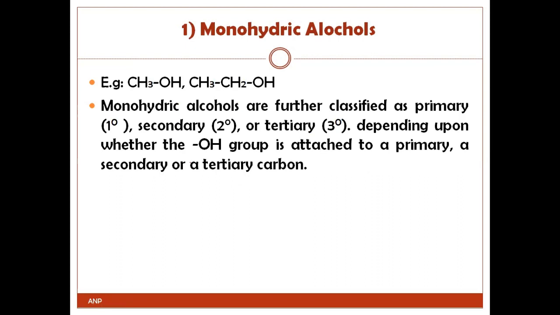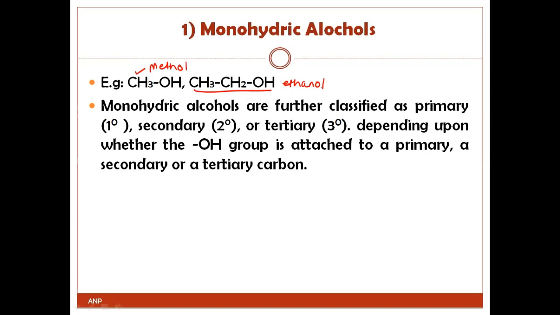Monohydric alcohols, for example, CH3OH, that is methanol, and CH3CH2OH, which means ethanol. So these are the two examples of monohydric alcohols.